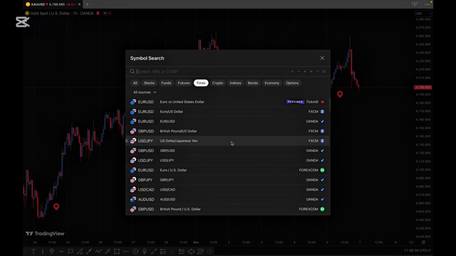But Forex in itself is limited to the exchange of two currencies. These currencies are currencies of countries. So as you can see here, you have EUR/USD, EUR being the euro, and USD being the dollar. Then you have GBP/USD, GBP being the British pounds, while USD is the US dollar.